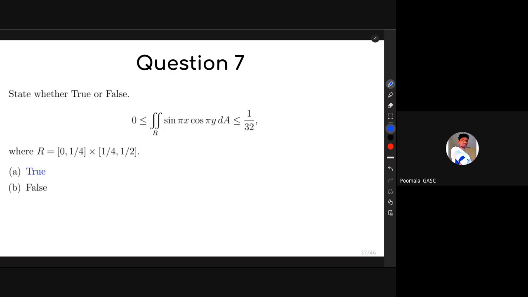I will anyway discuss the solution, but I just want to have some discussion among you guys so that I can see where the difficulty in understanding is, so that I can put more emphasis on those points rather than presenting my own proof.